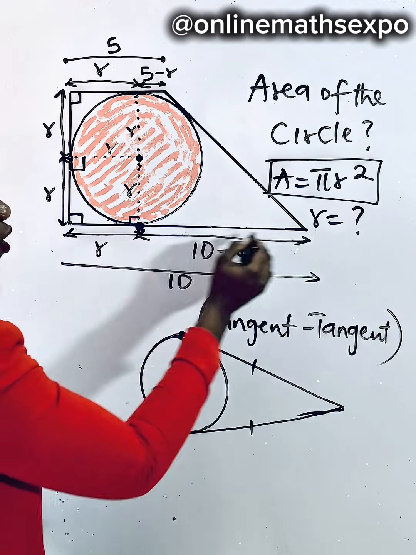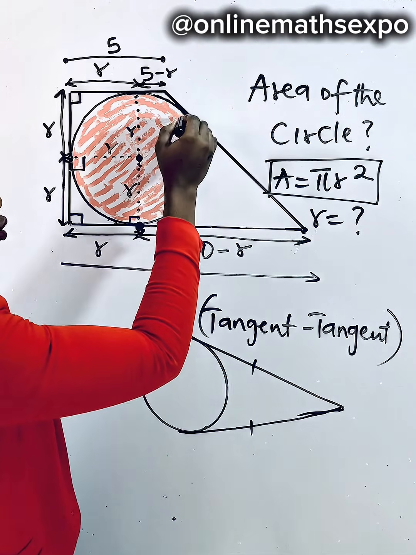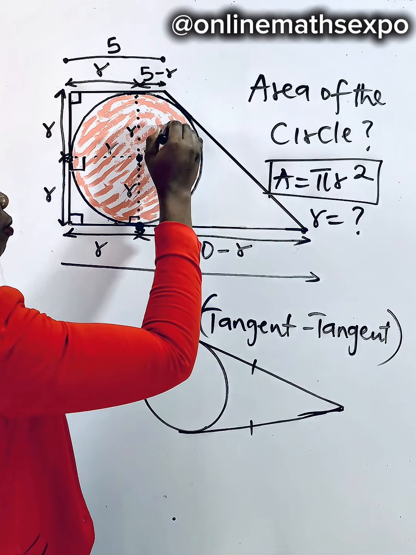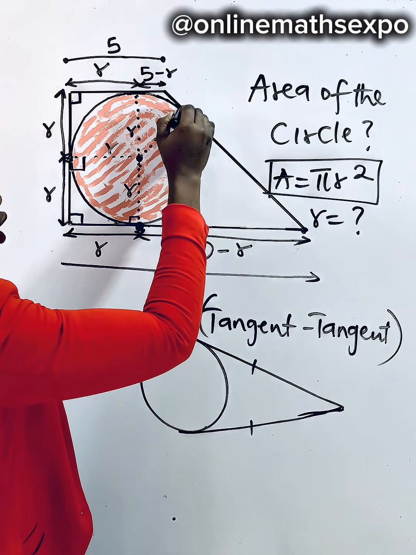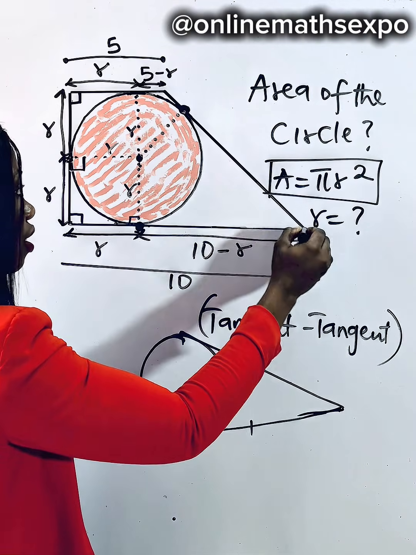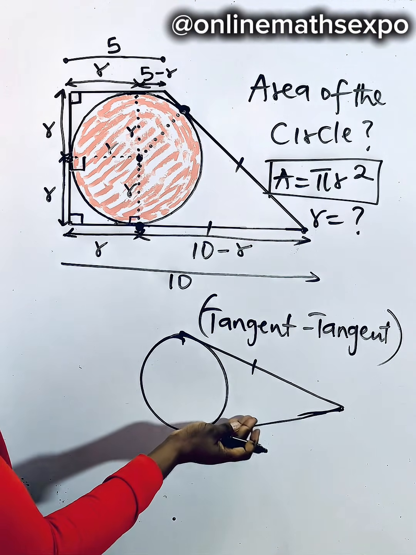From this end to this end is the tangent. And also from here, remember, this is the center. There's another line here making a radius at this point. So it means that from this point of tangency down to this line and this line are equal, obeying what we have stated here.